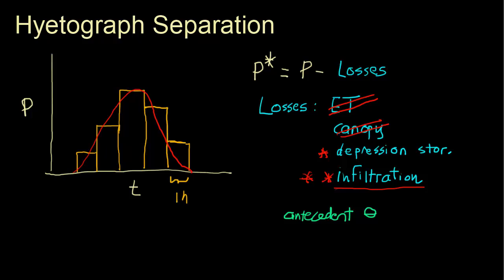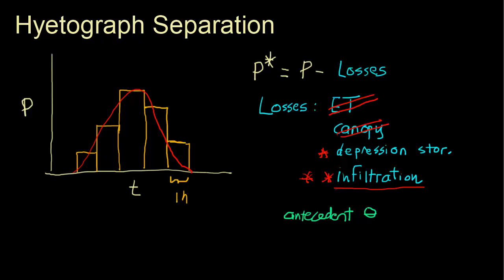right? So if the soil, for example, is already saturated at the beginning of the rainfall event, then it can only absorb water at a very small rate, and a large proportion of that precipitation is going to end up rapidly entering the stream. On the other hand, if the soil is bone dry at the beginning of the precipitation event, then it will have an enormous capacity to absorb water, and maybe hardly any of the precipitation will end up rapidly flowing into the stream.